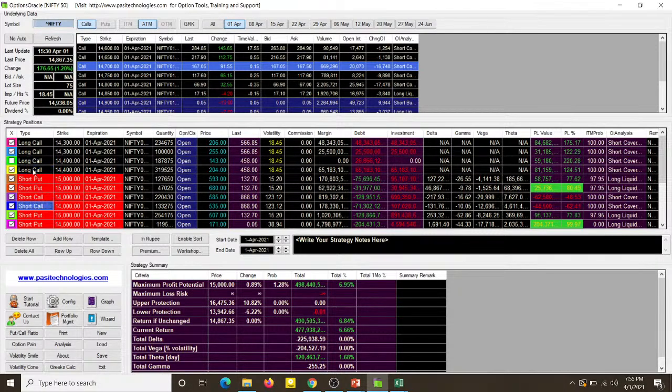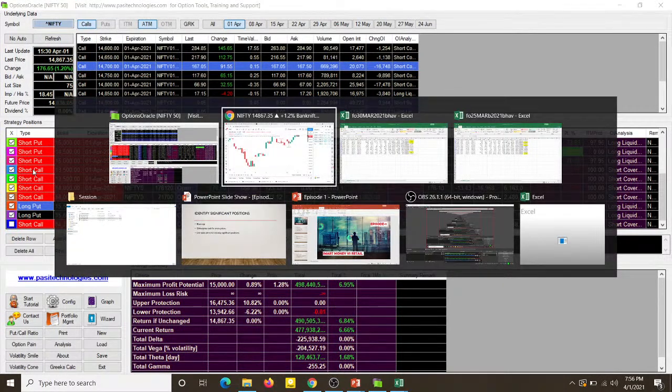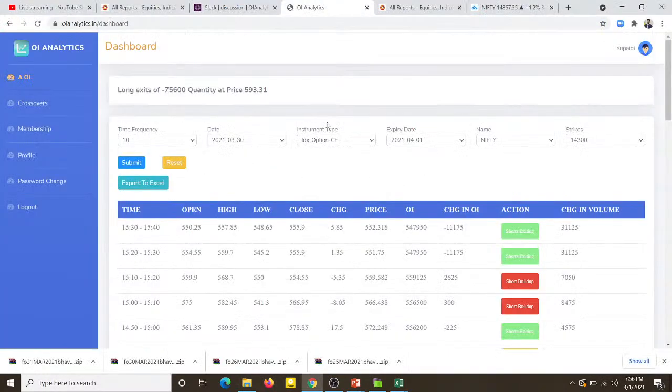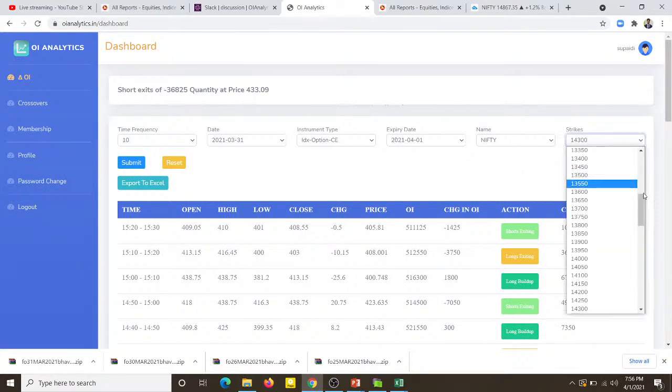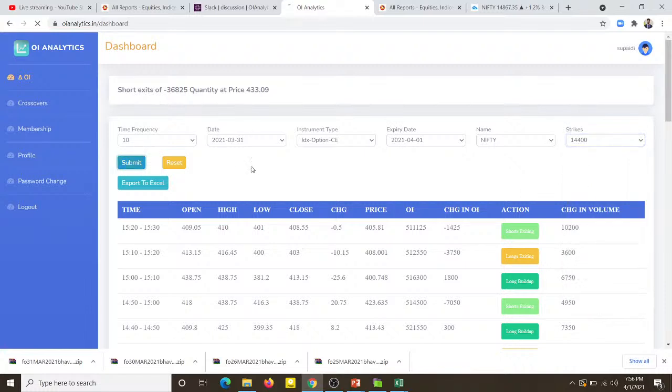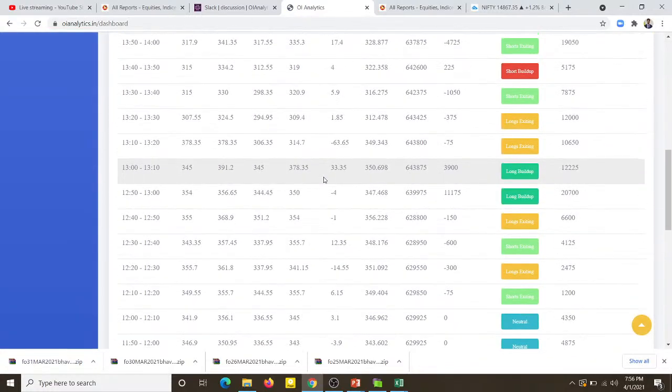Okay, fine. So now let's check if any exits happened on 31st March for calls. Correct. So 31st March. Okay, not much. 36,000. 14,400 call. 59,000.